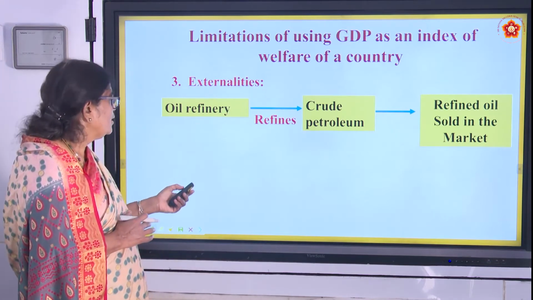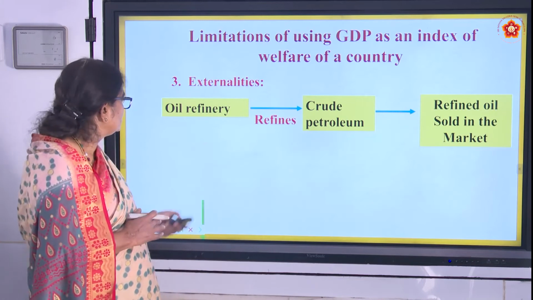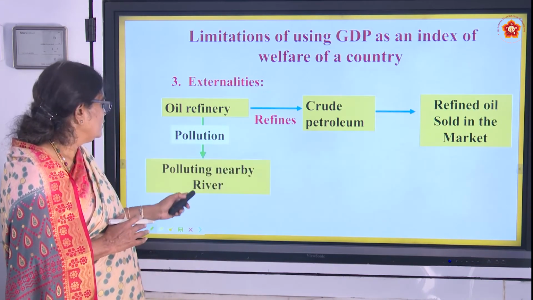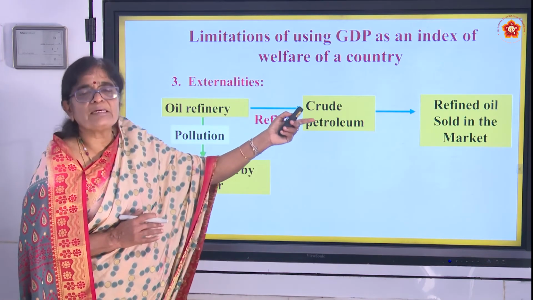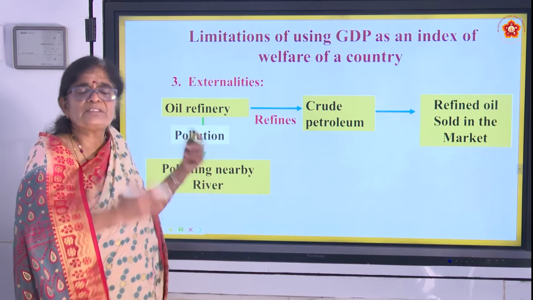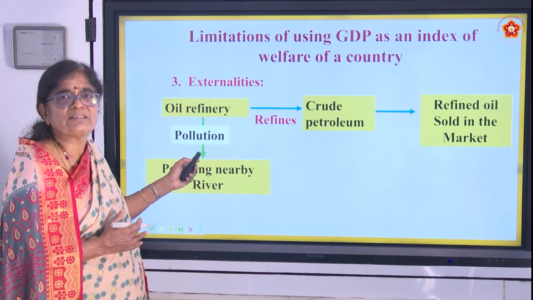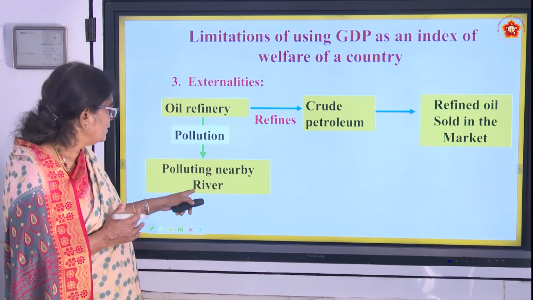But in this process of refining petroleum, they discharge pollution into the nearby river. All the very massive oil refining industries, how much pollution will be discharged? You can imagine. It is all dumped in the nearby river.